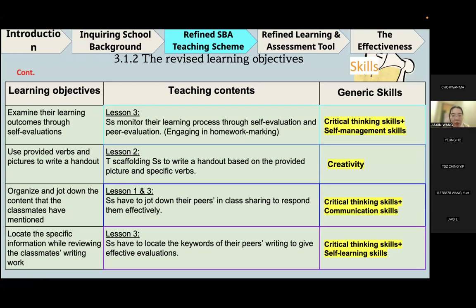In lesson 3, we want students to monitor their learning process through self-evaluation and peer evaluation, which they can be engaged in homework marking. And the general skills we want to develop are critical thinking skills and self-management skills.